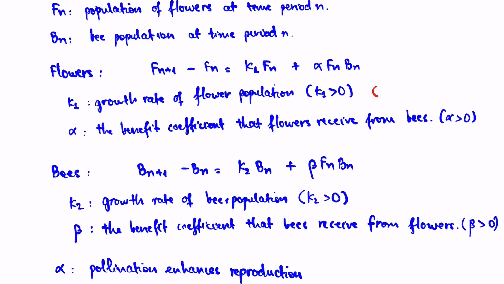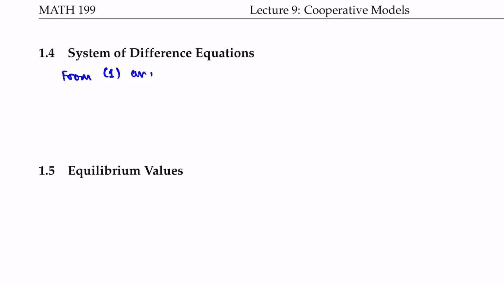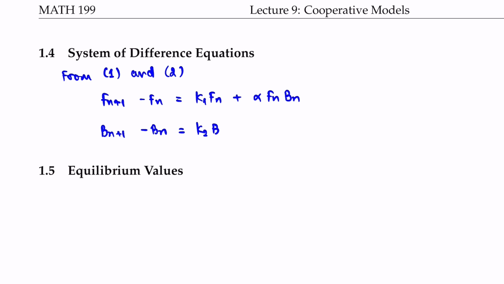Again, I'm going to name this equation 1 and this equation 2. And from equations 1 and 2, we have the system of difference equations of the form F sub n plus 1 minus F sub n equal to k1 times F sub n plus alpha times F sub n times B sub n. And B sub n plus 1 minus B sub n equal to k2 times B sub n plus beta times F sub n times B sub n.